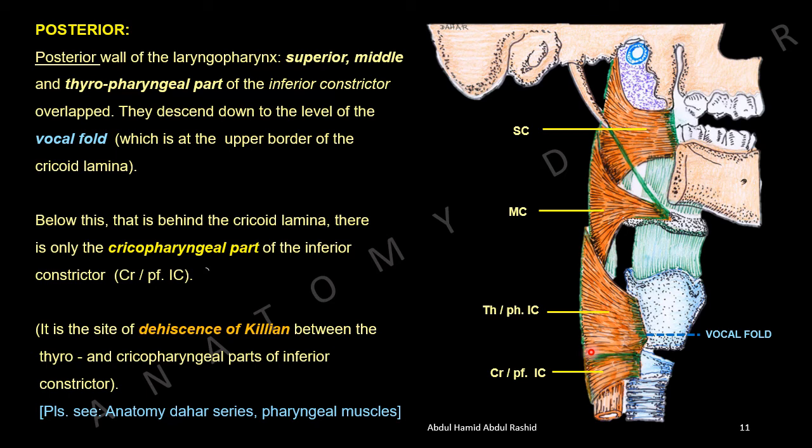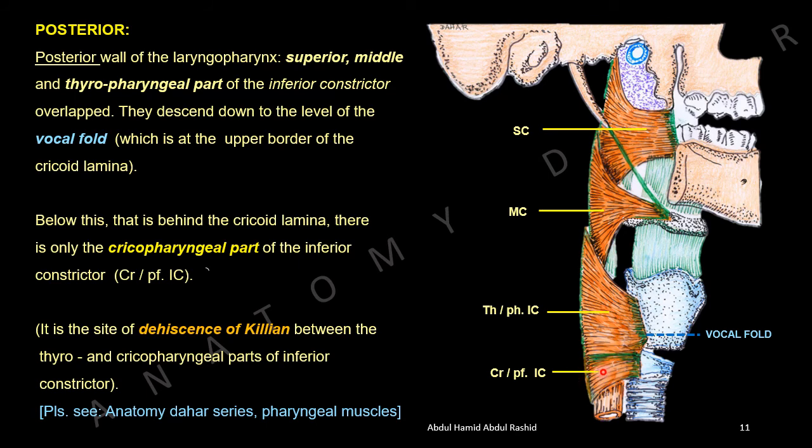They descend down to the level of the vocal fold, which is at the level of the upper border of the cricoid lamina. So these three muscles will come down up to this level. Below that, behind, we have the cricoid lamina.